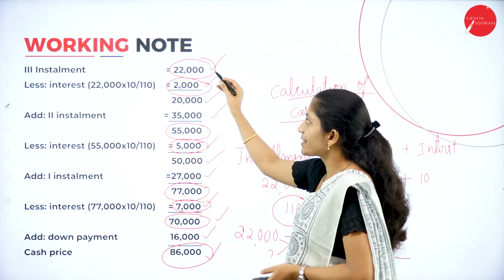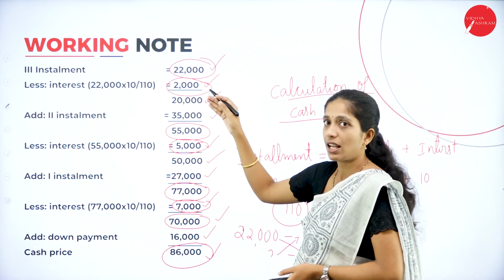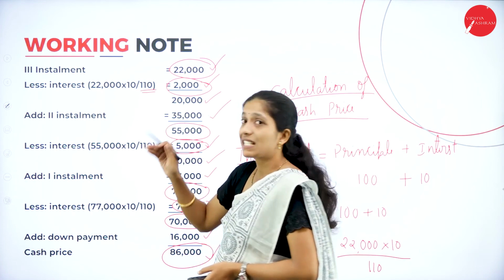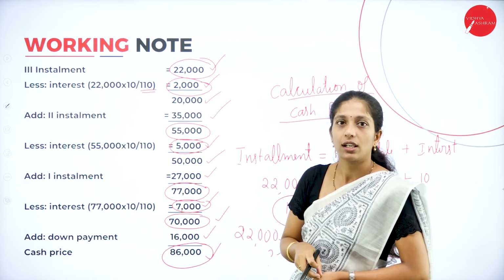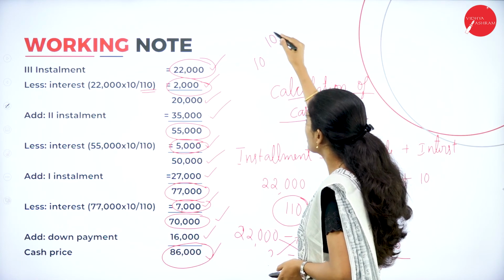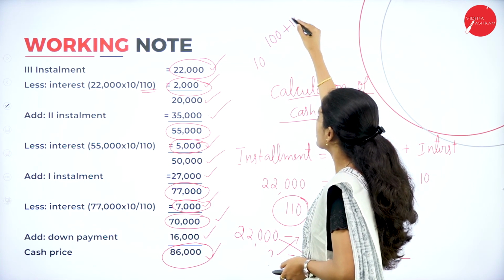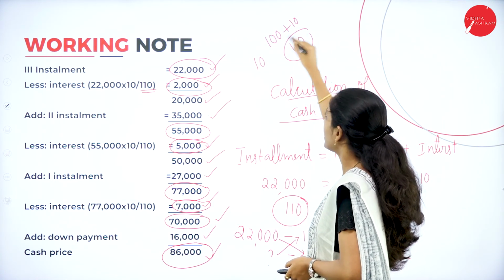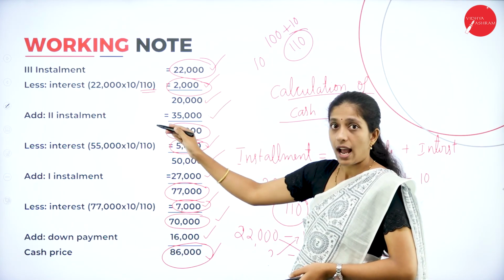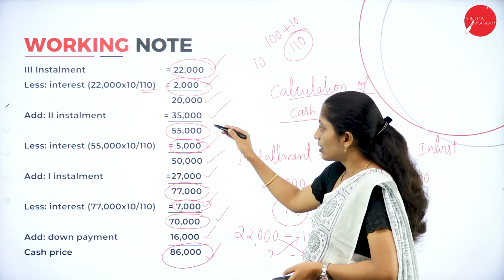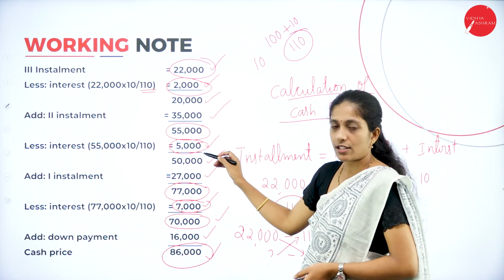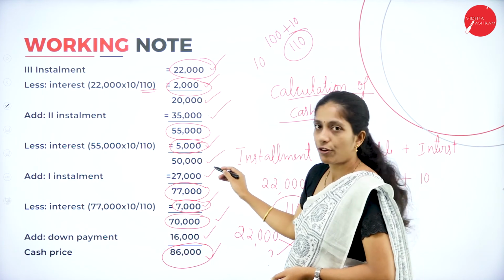So come to the third installment, record the amount less interest, and here you have to be careful. You have to divide it by principal plus interest. Clear? Here 10% is interest, so let us assume 100 is principal, so principal plus interest is 110. Next, less interest, you'll get the amount. Next, add the second installment. When you add, you'll get 55,000 less interest, that is 5,000, so you will get 50,000.